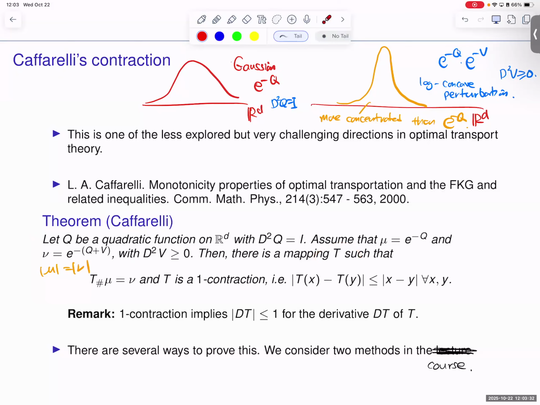The original distance between x and y. Okay. So that is a theorem.